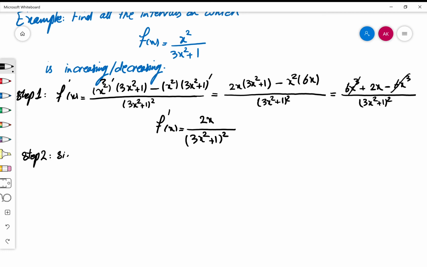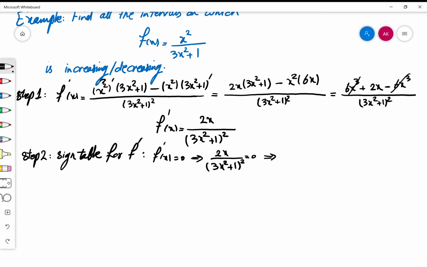The sign table for f prime. Well, we start with setting it equal to 0, and it is 2x over 3x squared plus 1 squared equals 0. That means that, when you have a fraction equal to 0, the numerator is going to be equal to 0. So then x is equal to 0.